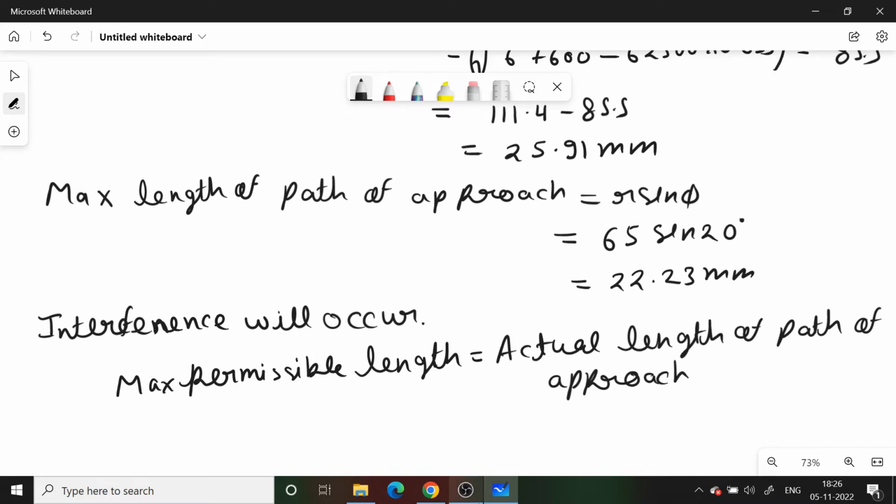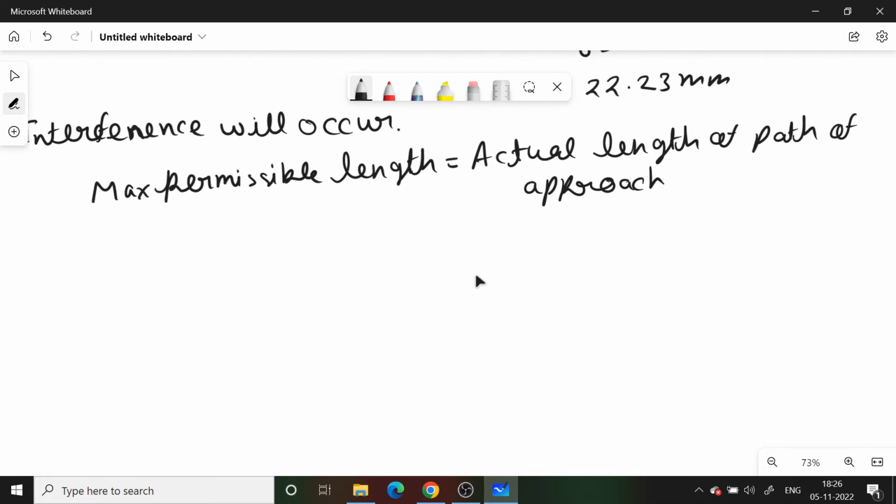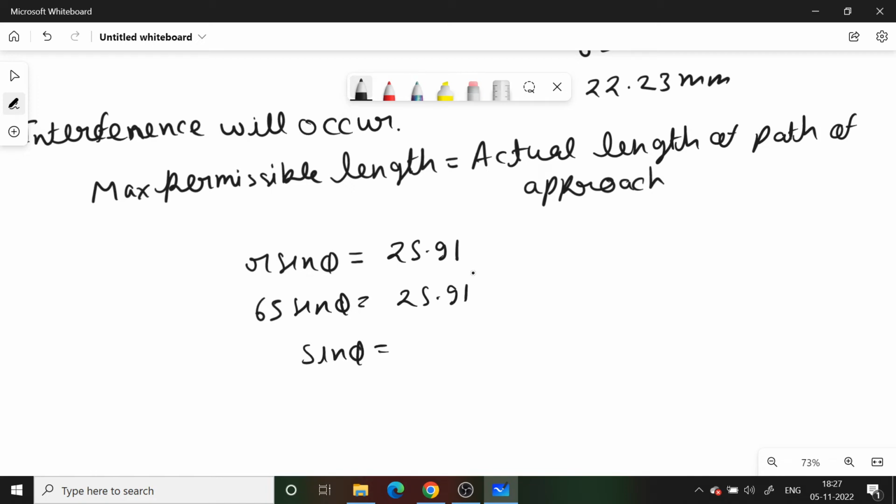Okay, so r sin phi will be 25.91. r is 65. So sin phi is equal to 25.91 upon 65.